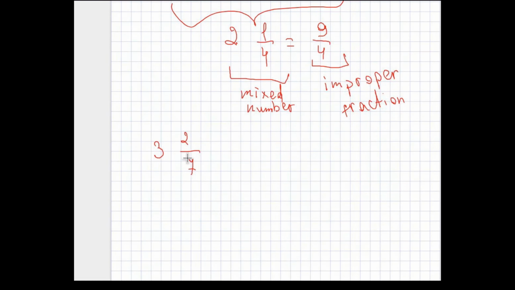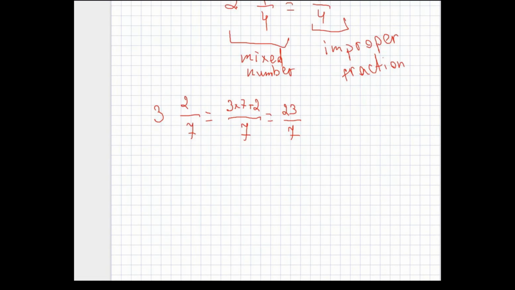It means some 4 objects, each of them divided into 7 parts. 3 of them are fully shaded, 7 out of 7, but in the last object only 2 parts are shaded. So in 3 fulls, we have 7 each, that makes 21, and 2 more, that is 23. We don't do anything with the denominator, because it never changes. So 3 times 7 plus 2, 23 over 7.